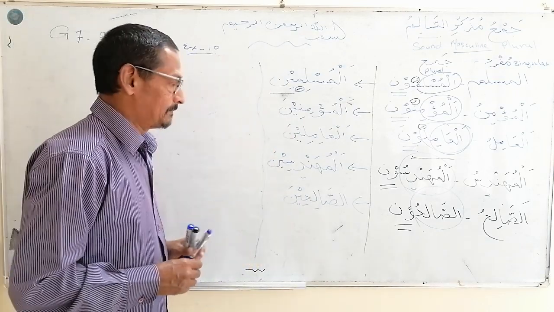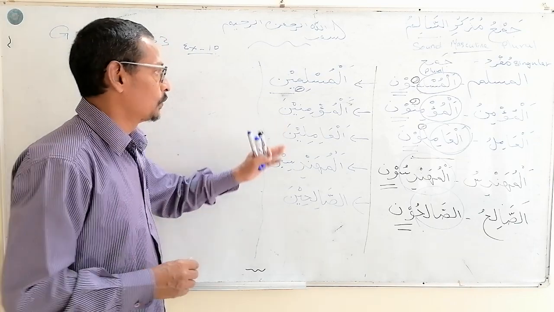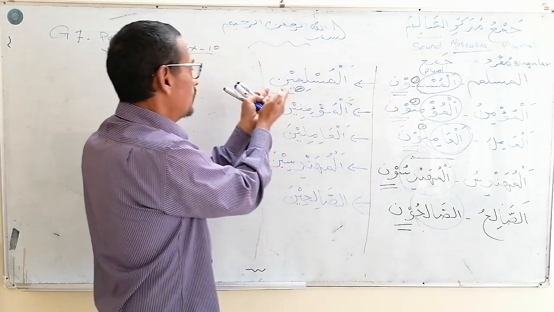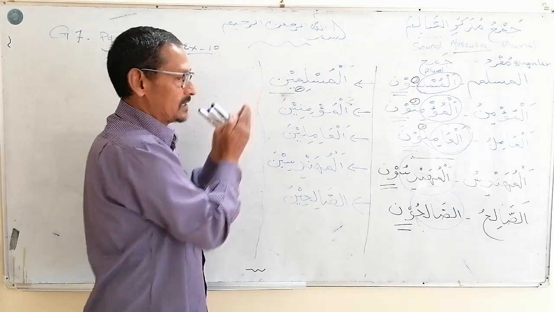How to use them? Where should we use Muslimun ending with waw nun, and where should we use Muslimin ending with ya nun?